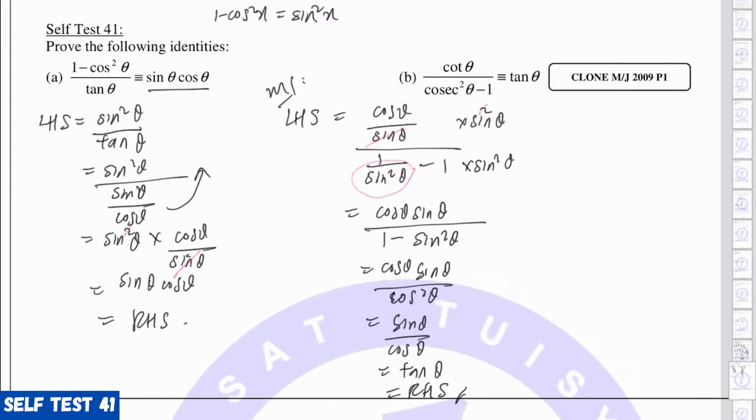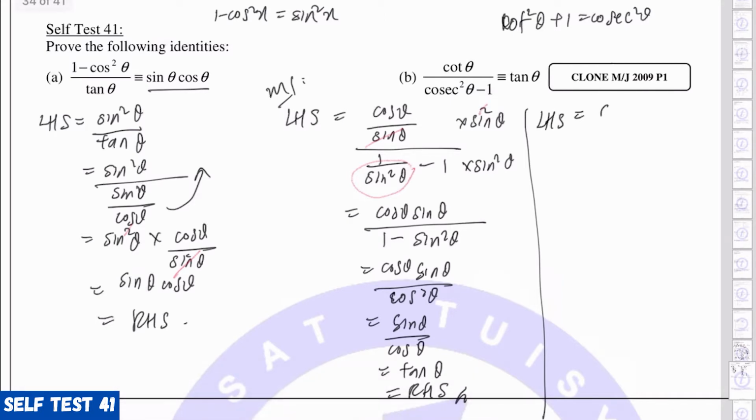Now some of you can remember that the third formula is cotangent square theta plus 1 equals cosecant square theta. If you can remember that, we start from the left hand side.